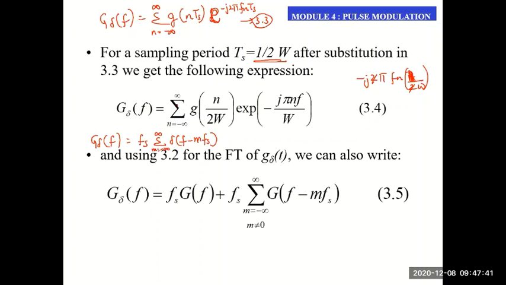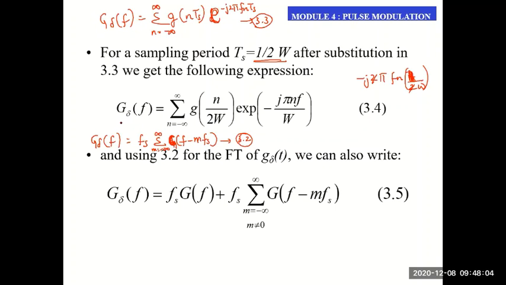Since we have n in this, we have used m here. It is G now, not the delta. G of f minus m Fs. This was equation 3.2. So we are using that.